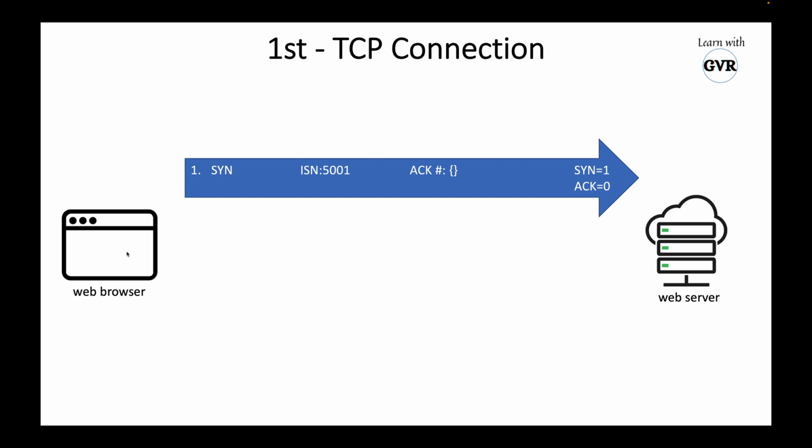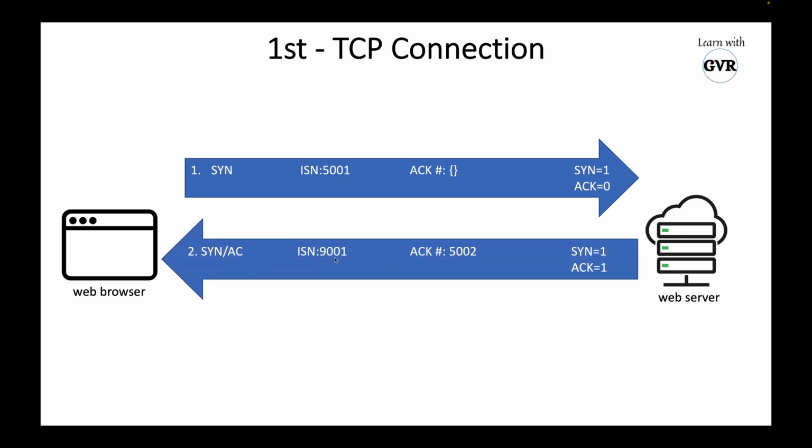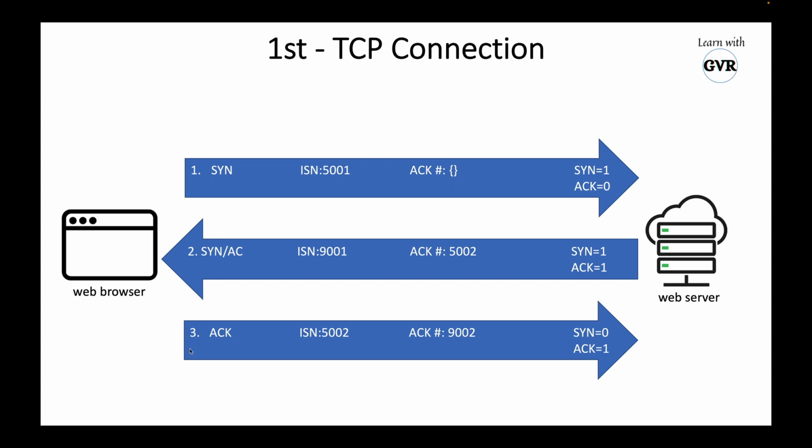First, the TCP connection. The browser will send a request which is called a SYN, and the server responds with an acknowledgement. The browser sends some number, and then the web server returns some other number and increases the browser's number by one, saying yes, acknowledged. Then the browser sends back the server's number incremented by 1 along with the client number to the server.